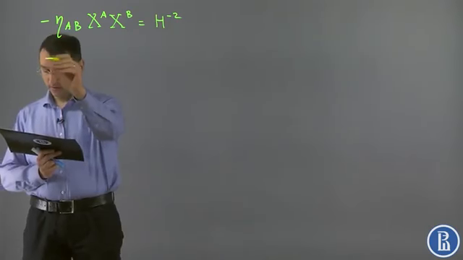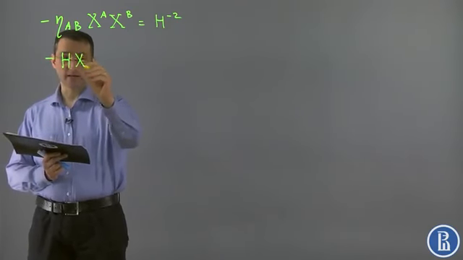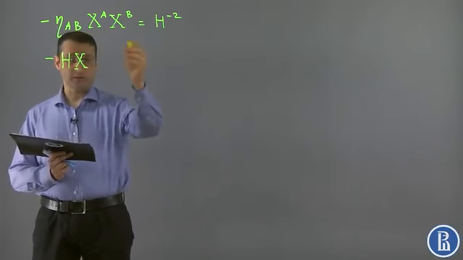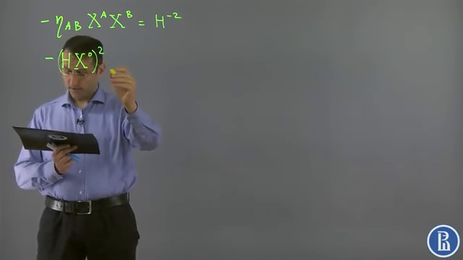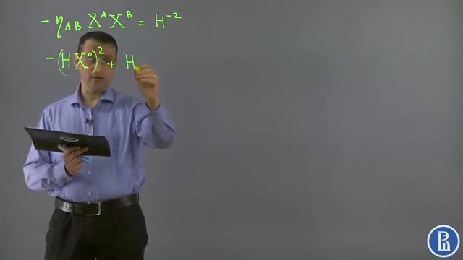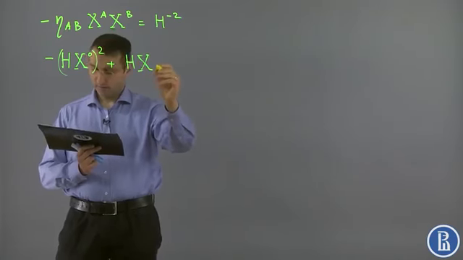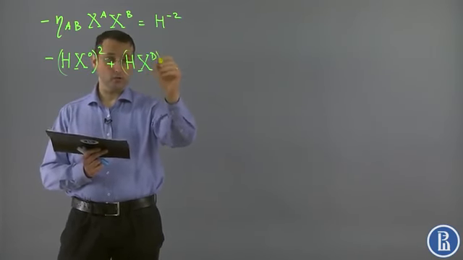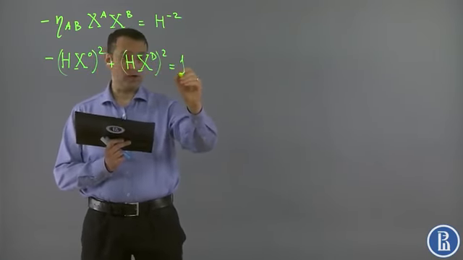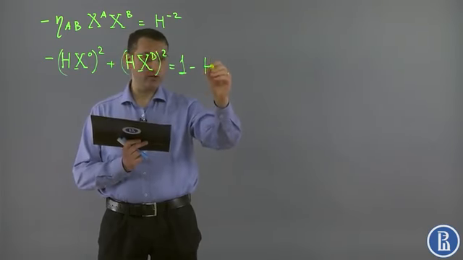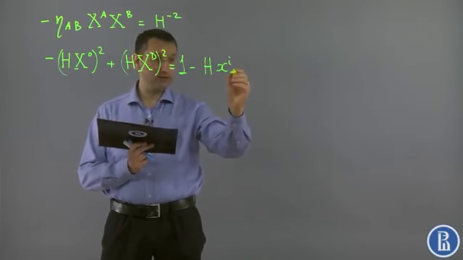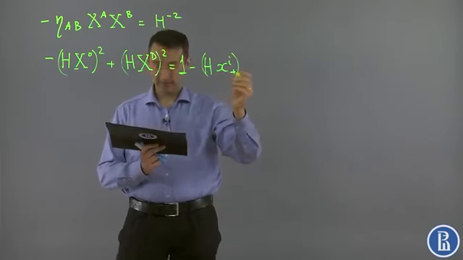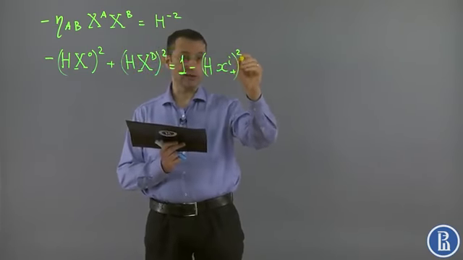We can write h x, well, this can be related to this, plus h x_d squared equal to 1 minus h x_I plus. The reason for the notations will become clear in a moment.